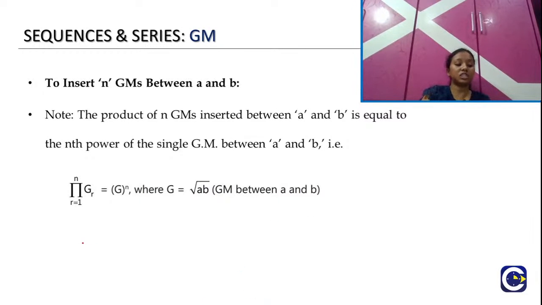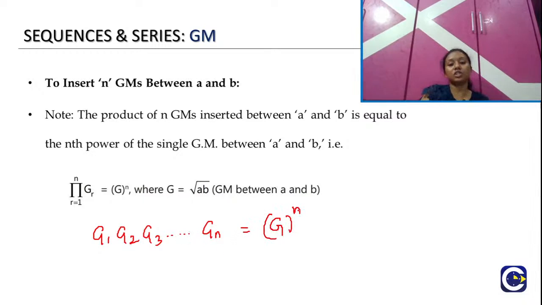Initially we saw the sum of the inserted arithmetic means, but here, as it's related to geometric progression, we are going to see the product, that means G1 into G2 into G3 and so on until Gn. So the product of the n inserted geometric means will be equal to G power n. We already know the geometric mean of two terms is root over AB.